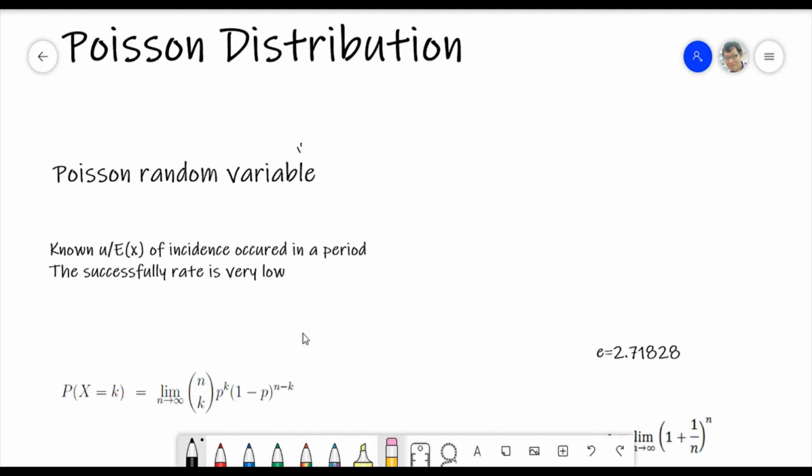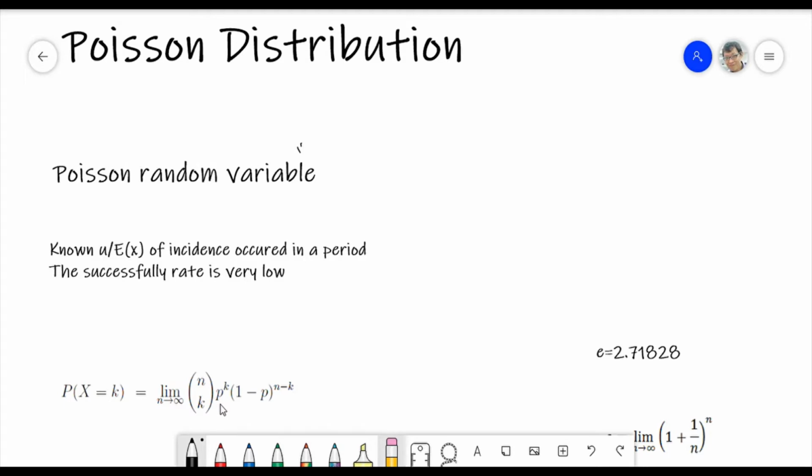Below, I can also show you this is exactly the binomial distribution, with a limitation. N is how many times, and k is how many successful tries.